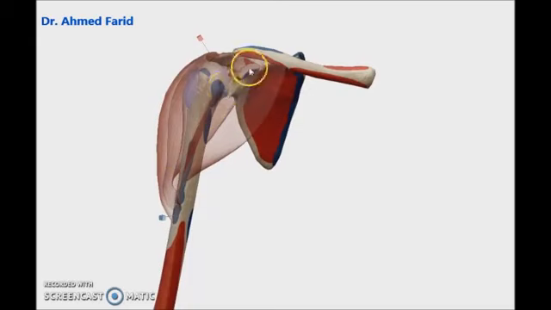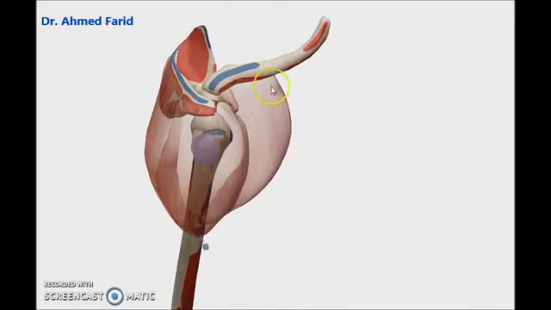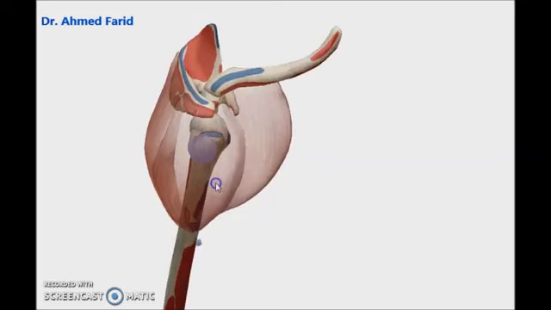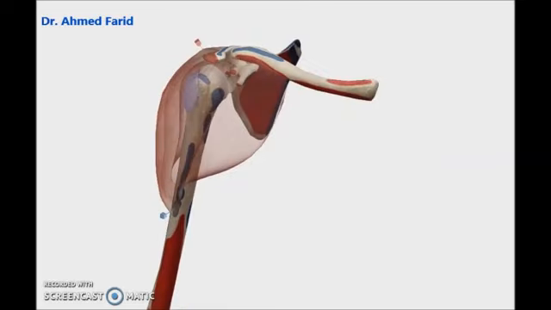As you see, the muscle takes origin from the clavicle and scapula and is inserted into the humerus, so the actions will be on the humerus, that is, movement of the humerus at the shoulder joint. And because it has three fibers, anterior, middle, and posterior, it has three actions.